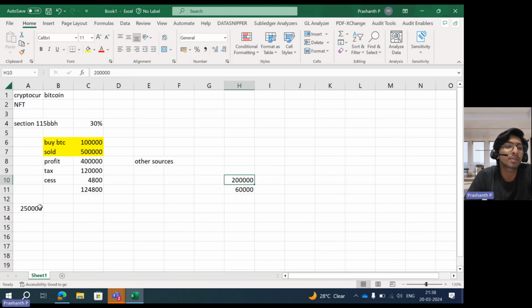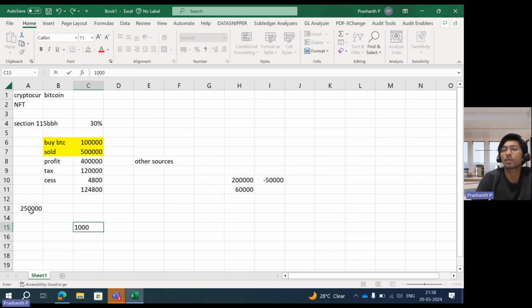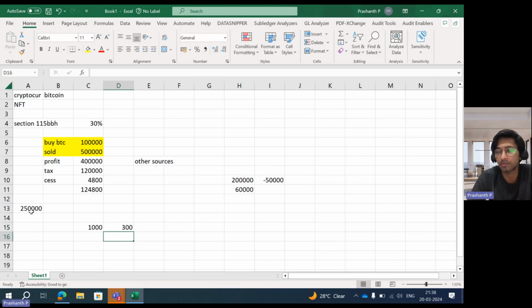You will be having a basic exemption limit of 2 lakh 50, so ideally, your income should be negative 50,000, right? But the government says you cannot deduct basic exemption limit from any profit earned by way of virtual digital asset, I mean bitcoins basically. So even if you earn 1,000 rupees as profit, you will be liable to pay 300 rupees as tax, that is 30 percentage, along with the 4% of cess, right? So I think this is clear till here.